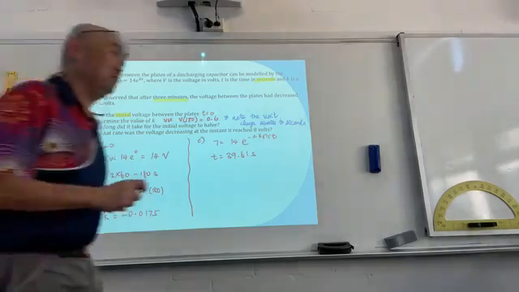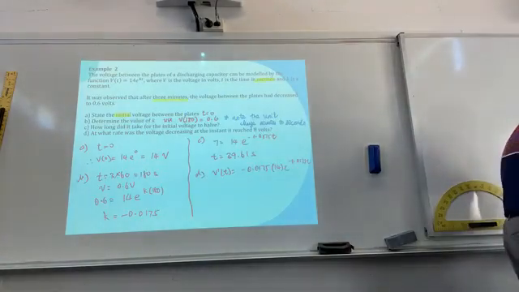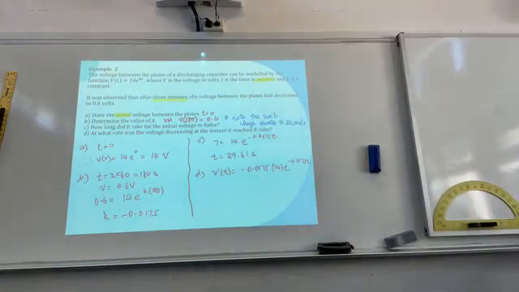Negative 0.14. Let's see. So you solve, watch the rounding. First, what you need to do is think about the derivative, and then substitute 8 into that equation. Yeah, there you go.